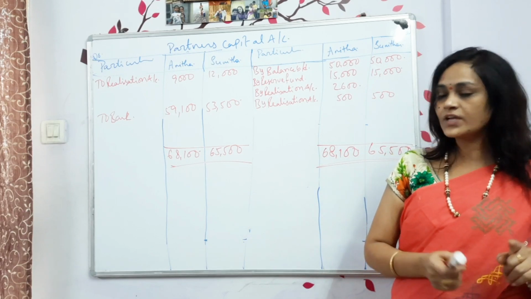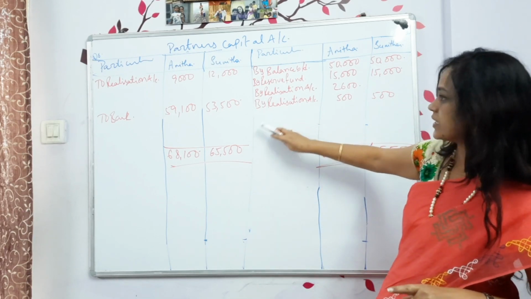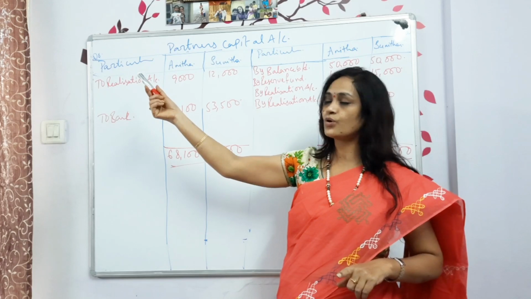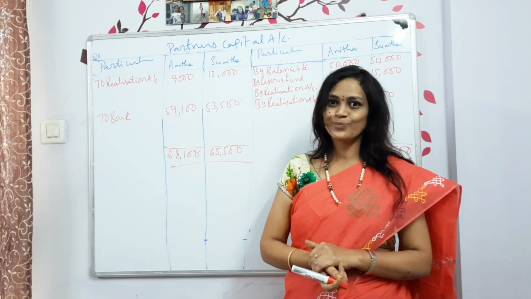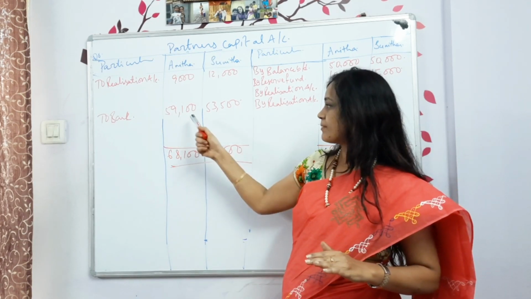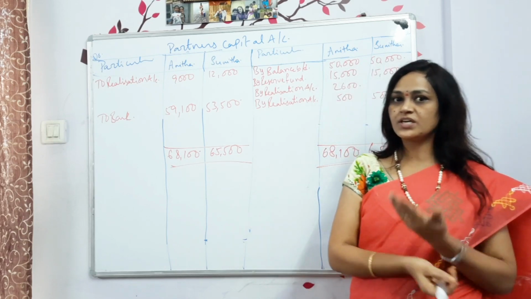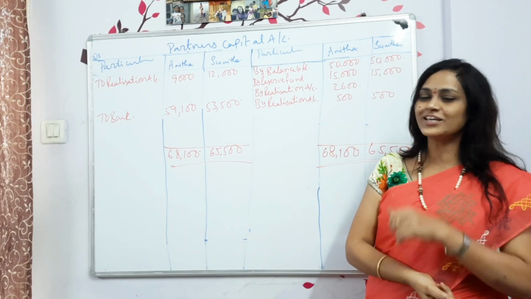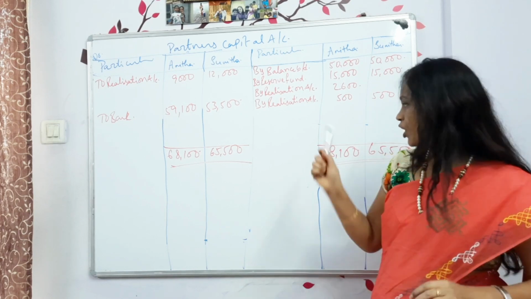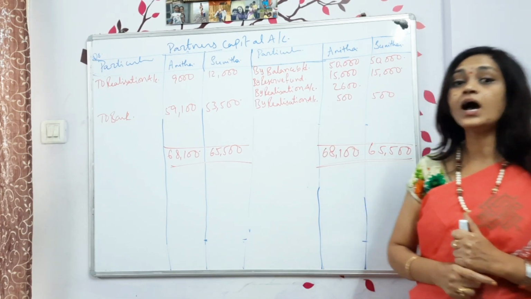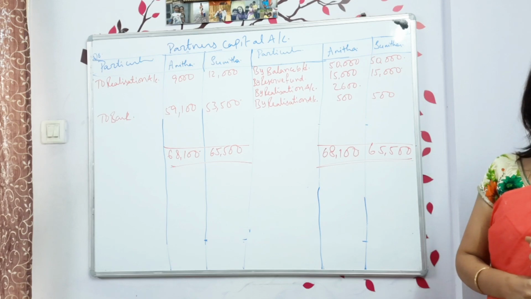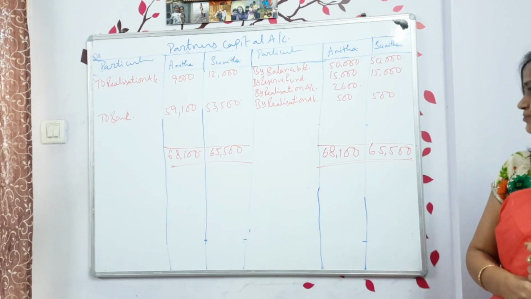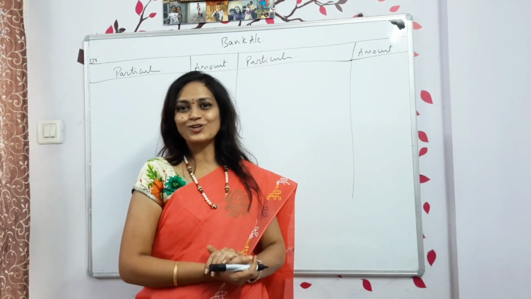If liabilities are taken over, we show them on the credit side. Assets taken over, we show on the debit side. Whatever the balance is, if you are paying in cash, you write cash; if you are paying by bank, we write bank. Clear? Copy this one, then we can prepare the balance sheet immediately. Copy it fast.